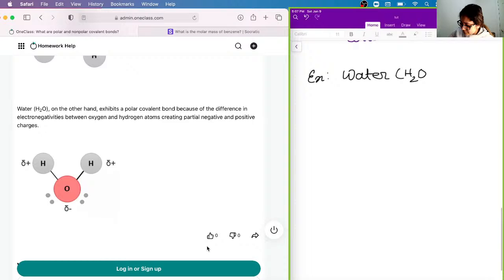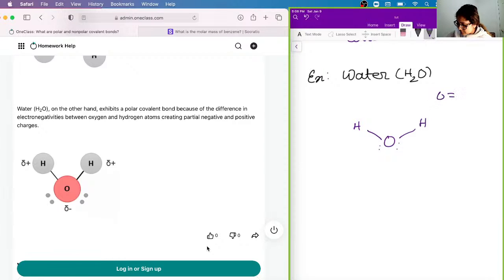Let's draw the molecule. It is OH, and oxygen has 3 lone pairs. The electronegativity of oxygen is 3.5, I think, and hydrogen is 2.5.